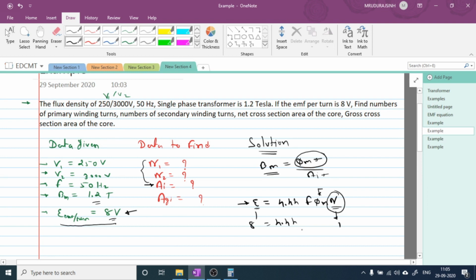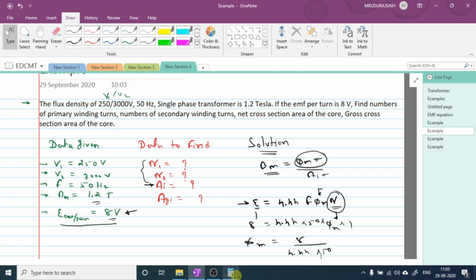4.44, f is equal to frequency, which is 50 hertz, and now we can find phi m easily, right? So multiply by phi m, multiply by 1. So phi m is equal to 8 by 4.44 into 50 into 1.